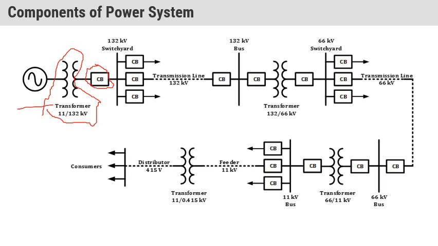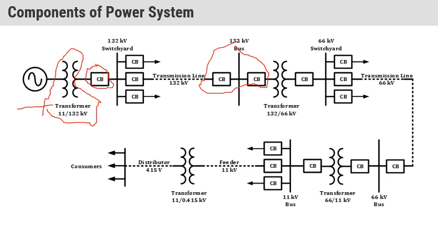Then we have a bus bar, and each bus bar contains circuit breakers. Then we have a transmission line, and again a circuit breaker. If any fault occurs on this side, this circuit breaker will open, and the healthy part will remain in the power system. Again, this is a bus bar, a 132 kV bus bar.